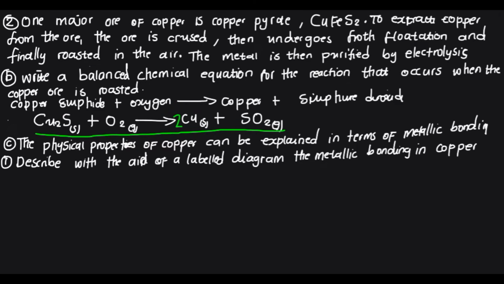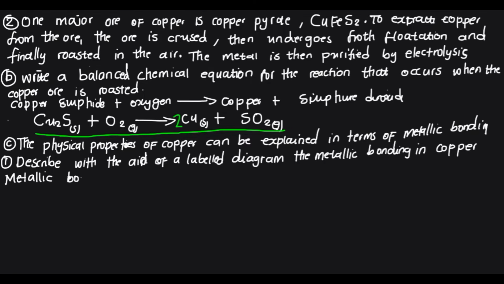Now we can move on to question C. The physical properties of copper can be explained in terms of metallic bonding. Describe with the aid of a labelled diagram the metallic bonding in copper. First, let's define metallic bonding.